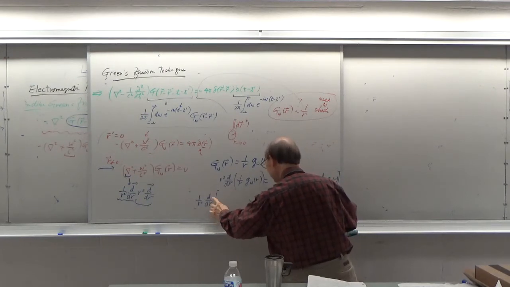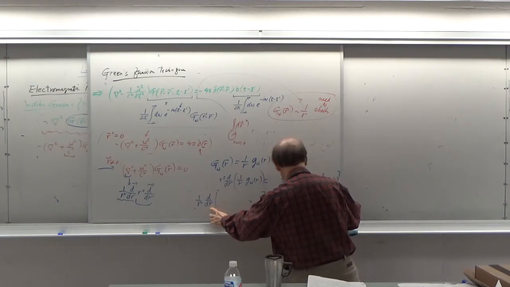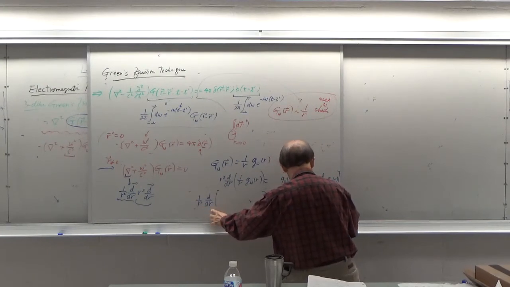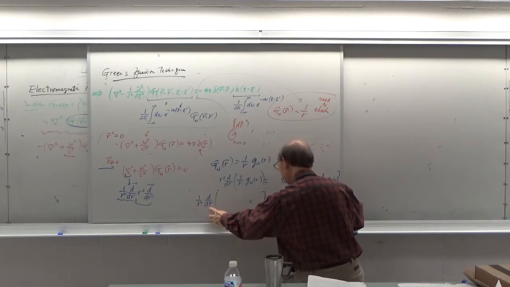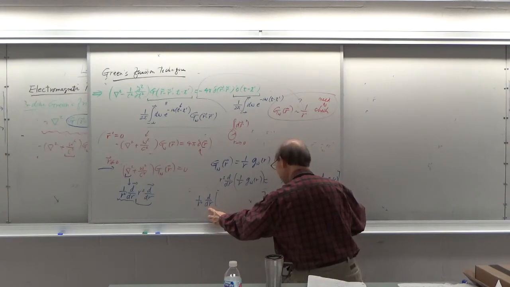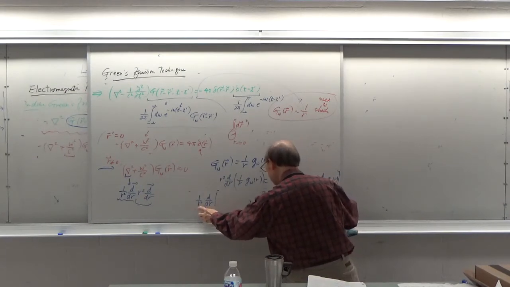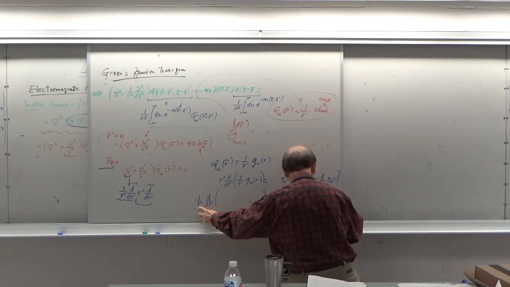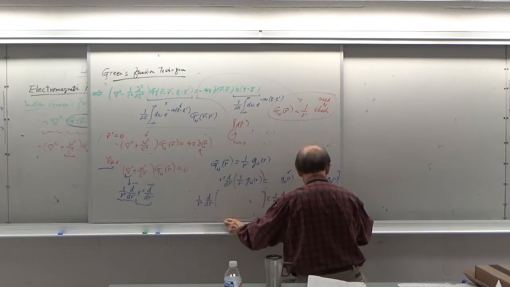When d by dr acts on r, there will be 1, so I'm left with 1 over r squared and this dg omega by dr. But d by dr can also act on the other one, in that case this r cancels with one factor here, with plus 1 over r, then d squared by dr squared g sub omega.